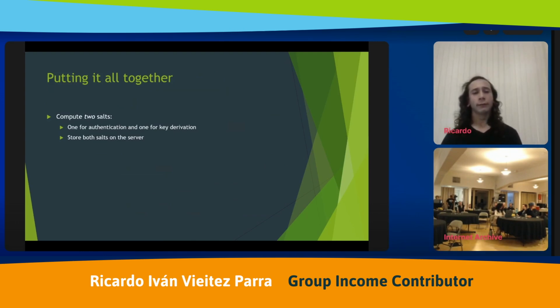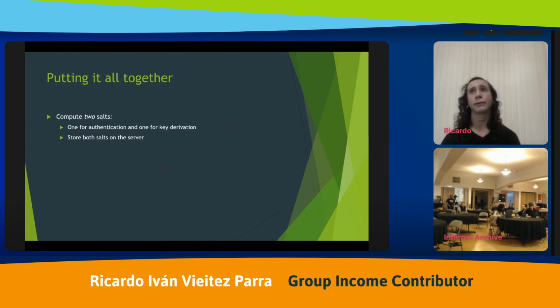One we use for verifying that the user is who they claim to be, and the other one is sent, only if the user is who they claim to be, to the user, and we use that locally on the user's device for recovering these secrets that are particular to a user's identity.